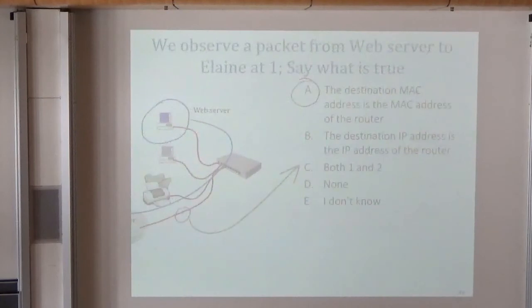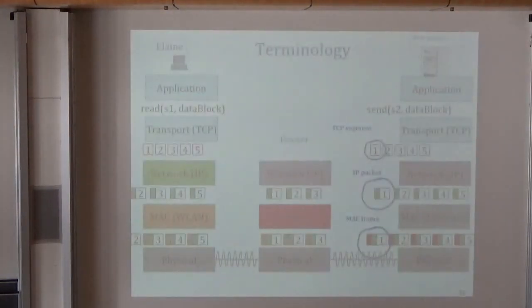So the question is on the reading side: when the application reads data, what is that story of blocks, and why is it not exactly the same block as on the sending side?